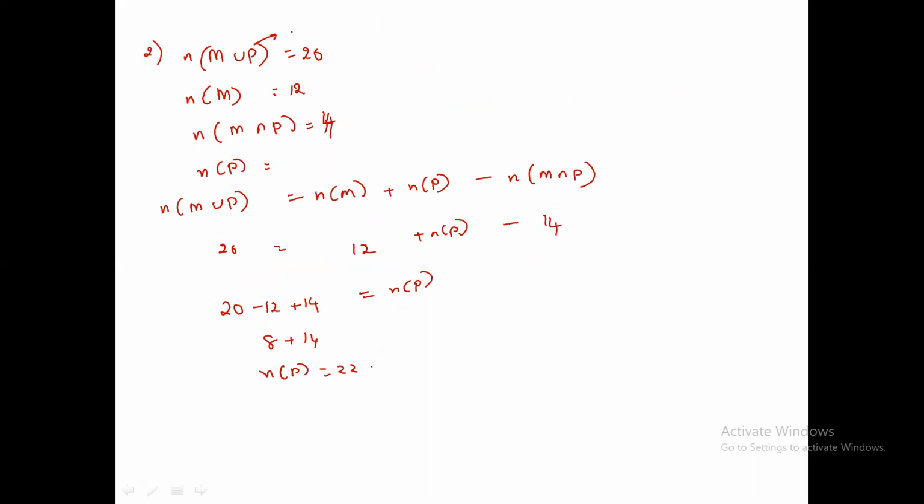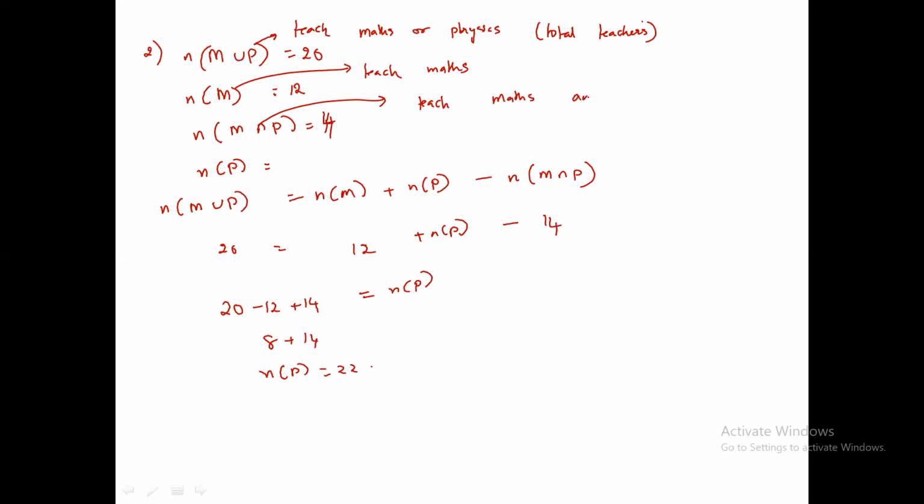Like here, this maths and physics, who teach maths or physics, or I can say total teachers. M means who teach maths. M intersection P means who teach maths and physics. And P means who teach physics.